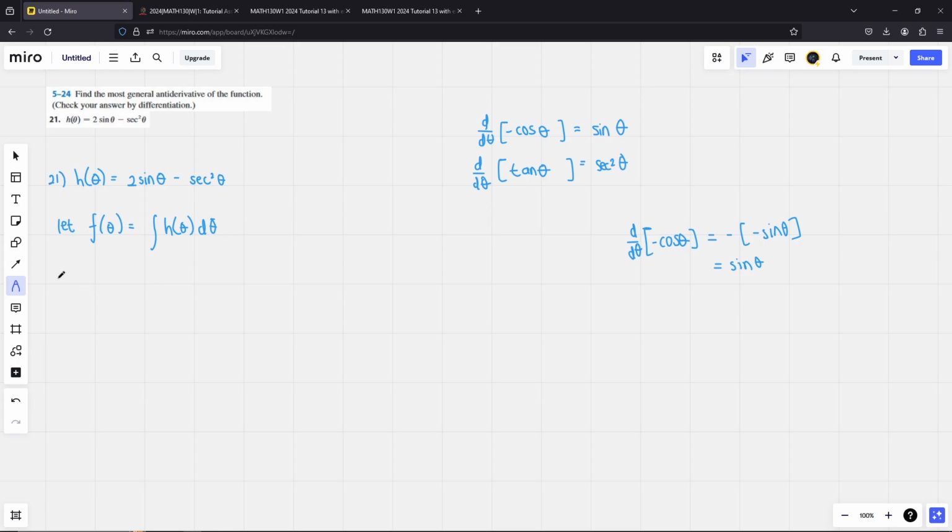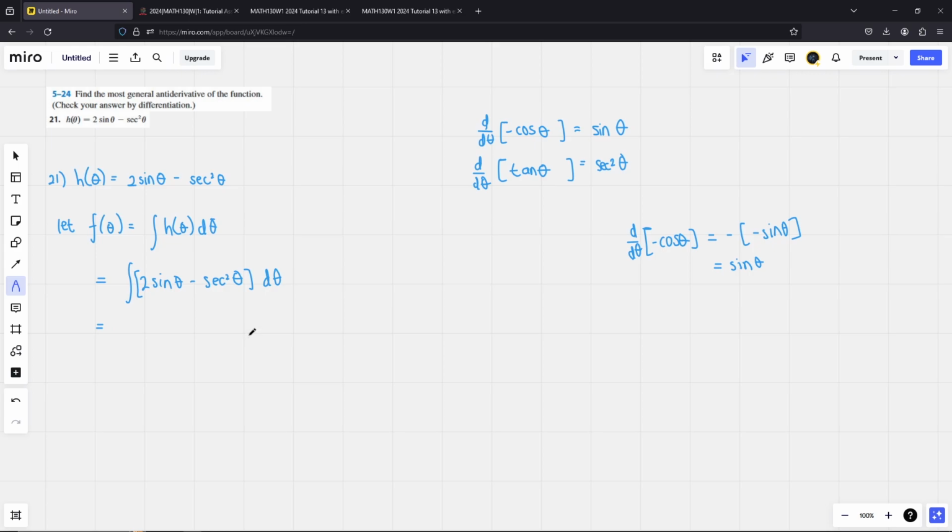Okay. Well, we know what h is, so this is going to be the antiderivative of 2 sine theta minus secant squared theta with respect to theta.